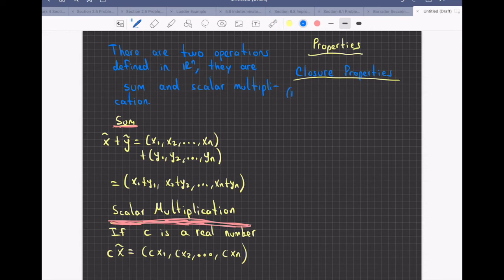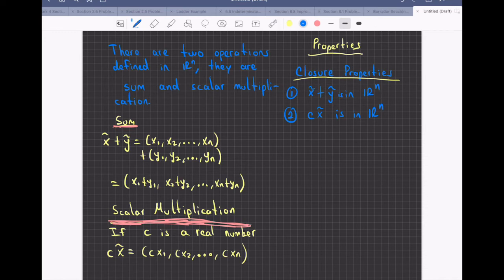Number one, if you add two vectors, then the sum is in Rn. Number two, if you multiply a real number times a vector, then this multiplication is in Rn. What is the meaning of this?